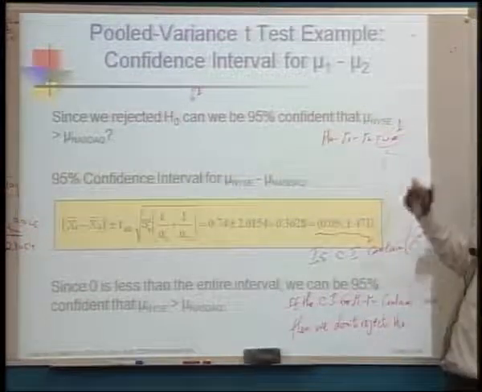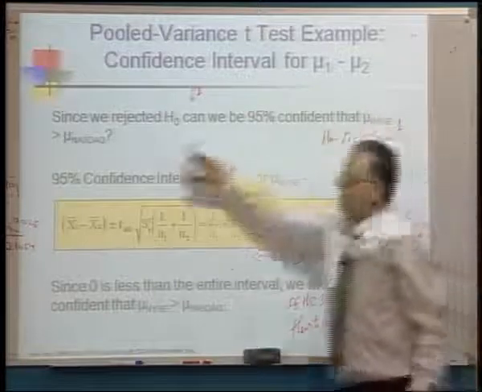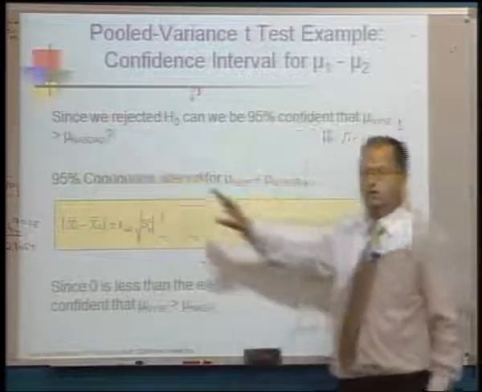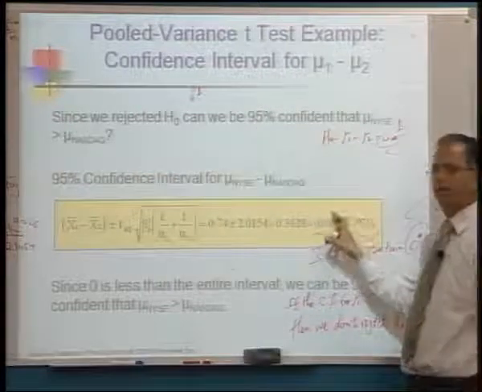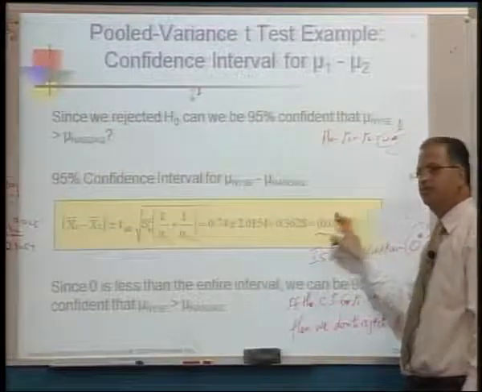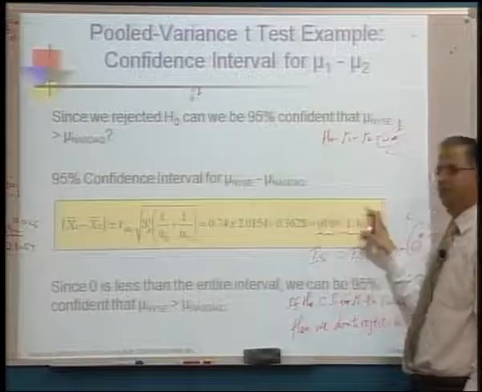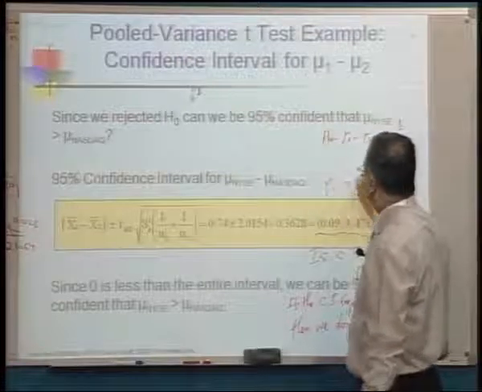Now, do you think the mean of New York Stock Exchange is greater than Nasdaq or not? Since the lower and upper bounds are both positive, that means mean 1 is greater than mean 2.